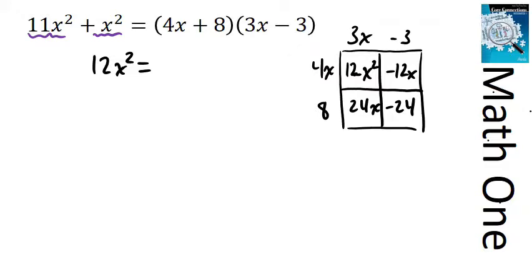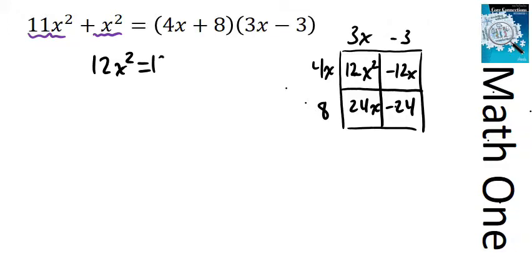And on the other side of the equation, if I look at all four of the boxes, I have 12x squared, I have a negative 12x, I have a positive 24x, and the last thing I have is a negative 24. And you didn't see me write that because I didn't write that, so let me write that again with the pen turned on.